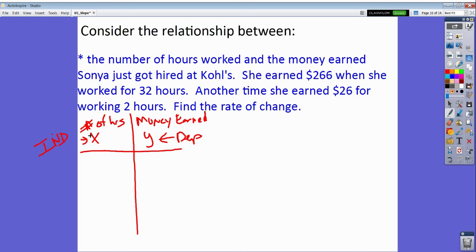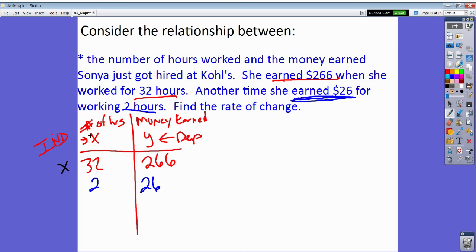So when we look at the paragraph, we can see that we earned $266 if we work 32 hours. We can also determine that in order to earn $26, we have to work 2 hours. So now we have our 2 points.